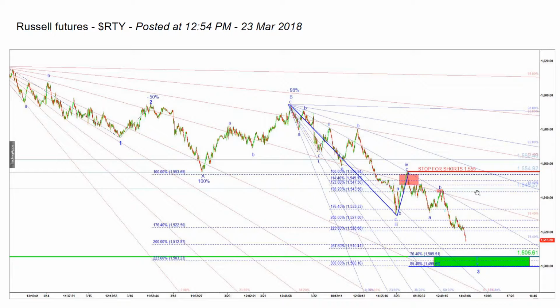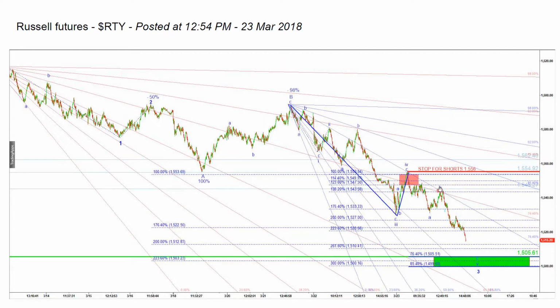And what we had here, we had a structure which might be considered 99% completed, because in this case, look at 176.4 extension, and we got to 176.4, and we have almost reached the next important level, next important FIP, 200% extension.